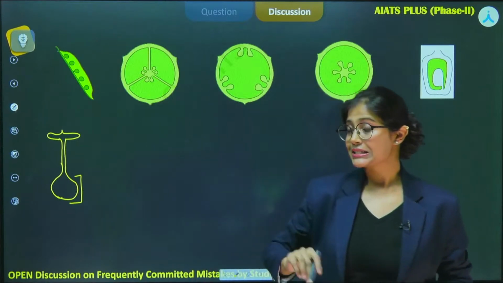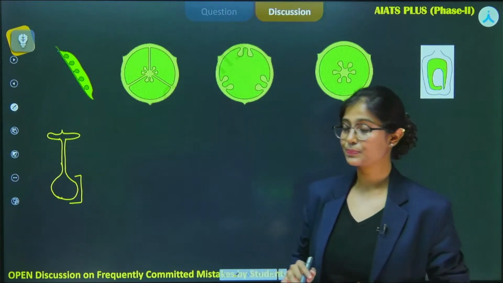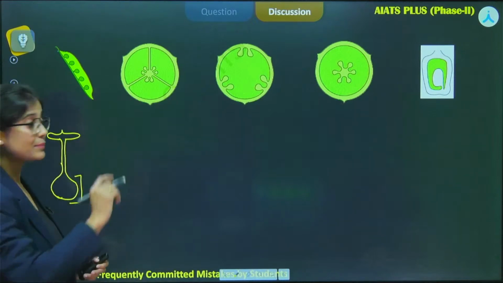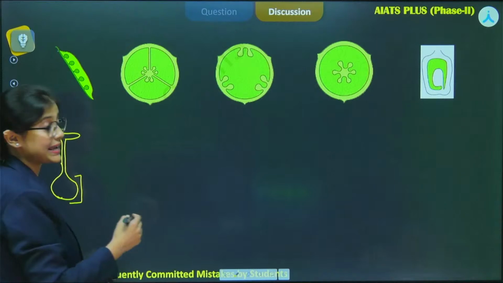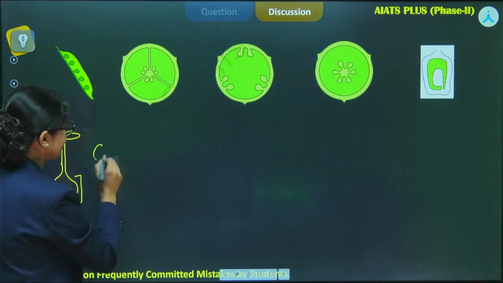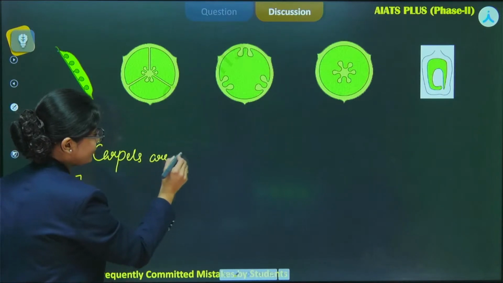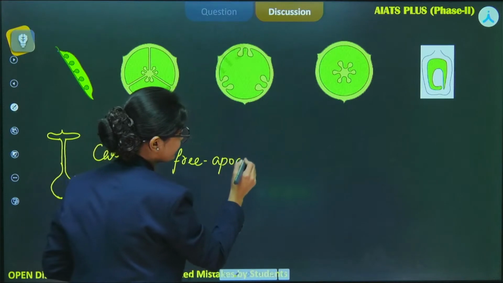Now let's start discussing the types of placentation which we could see in plants. Before that, I would like to tell you that if the gynoecium contains more than one carpel and if the carpels are free, then they are known as apocarpous.